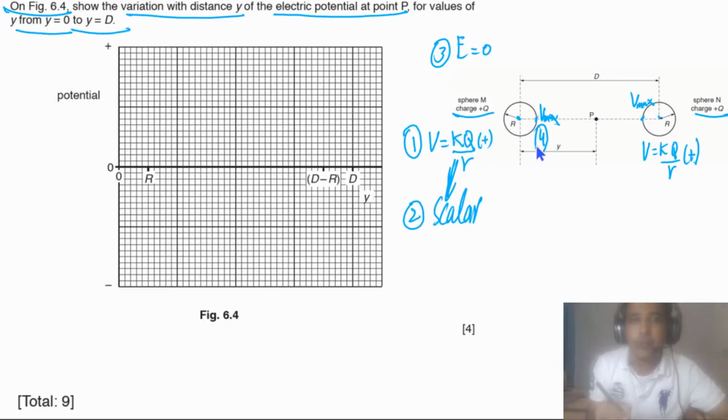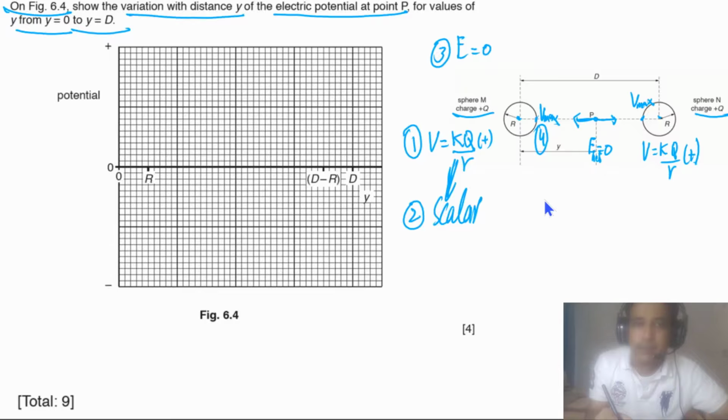And the fifth point we need to understand: at the center between these two spheres, the electric field has to be 0 because they are positively charged spheres. So at the center of these two spheres, the net electric field will be 0. E net will be 0 at the center.